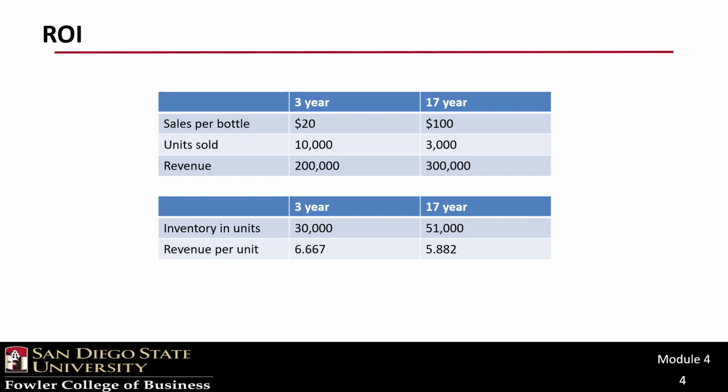So if we were to measure revenue per unit of inventory being housed, we'd see that the 3-year scotch actually generates 6.667 per unit and the 17-year scotch only 5.882. And what that tells us is that, wow, the investment we need to make in 17-year scotch is substantially greater than the investment we need to make in 3-year scotch. And we're really just looking at inventory alone.